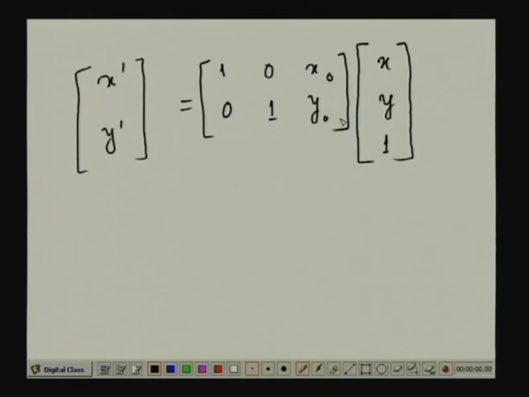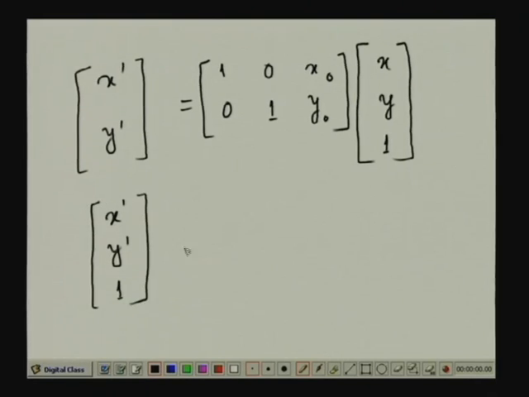But you find that in this particular case, there is some asymmetry in this expression. If I want to make this expression symmetric, then I can write it in this form: x prime, y prime, and I introduce one more component which I make equal to 1.